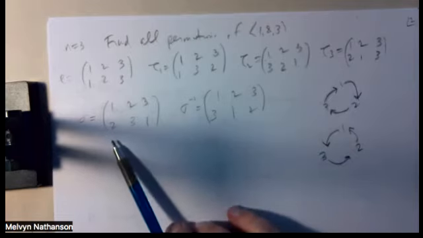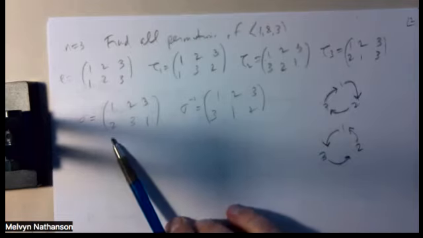So here we have 6 permutations of 1, 2, and 3. And we need to ask, are there any more? Are there more than 6? You have to think hard about this for a little bit. Well, 1 has to get sent to something. I can choose any of 3 places to send 1.